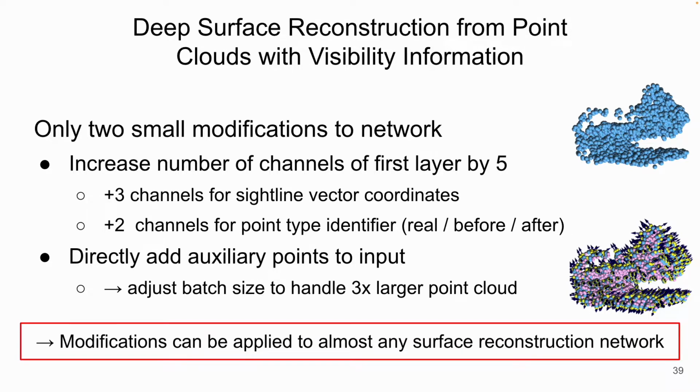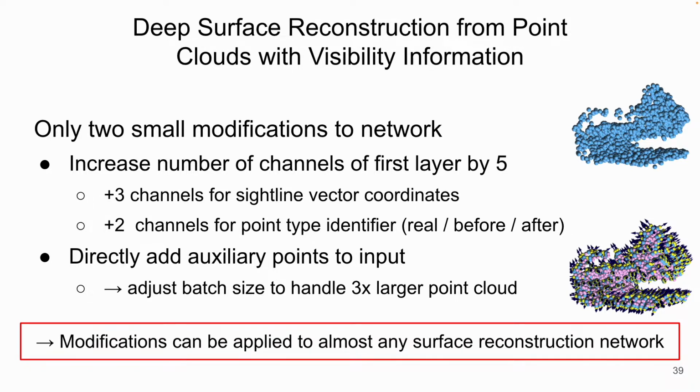And to feed such a visibility augmented point cloud to a surface reconstruction network, we only have to apply 2 small modifications to the network. And these modifications are very general and can basically be applied to almost any network. So first we increase the number of channels of the first layer, which is usually from a point cloud encoder.